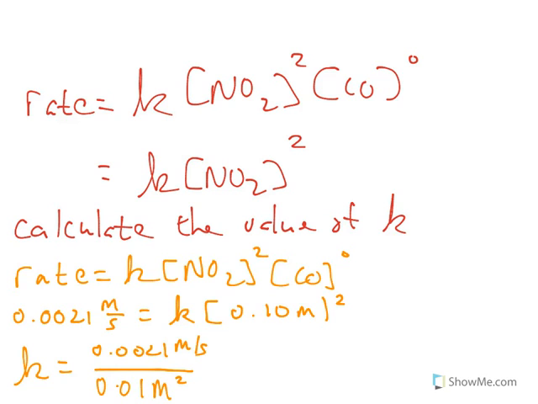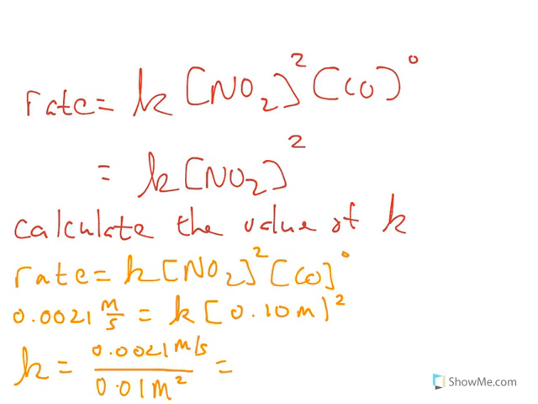So what ends up happening here is my unit of K. I just need to simply divide 0.0021 divided by 0.01.